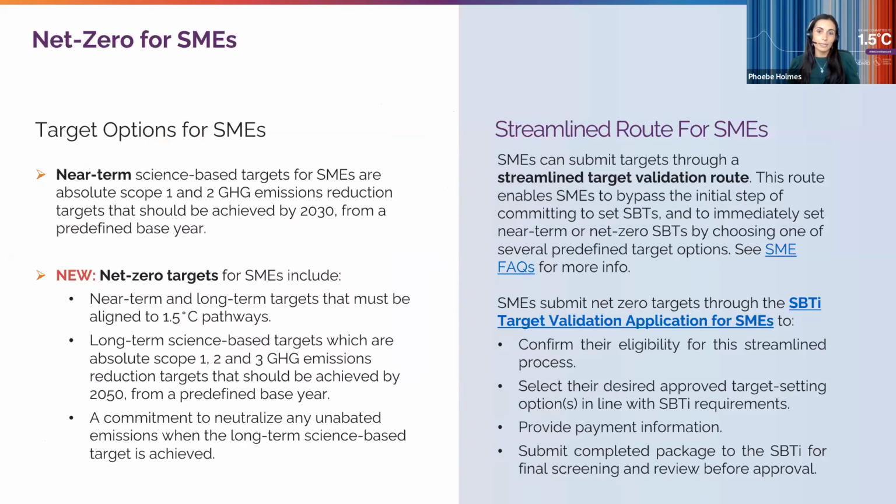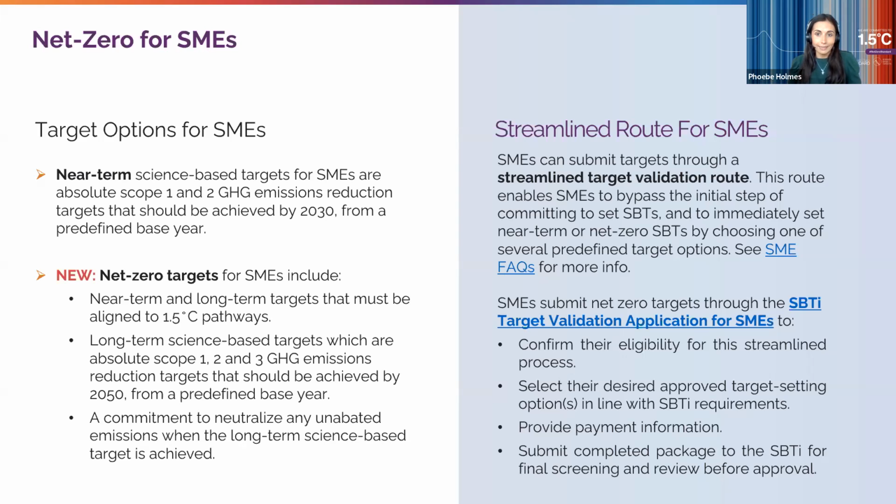So for SMEs, contrastingly to near-term targets, which are only required to cover scopes 1 and 2, net zero targets must also encompass 1.5C aligned long-term targets. And crucially, these long-term targets should encompass emissions reductions across all 3 scopes. And there should also be a commitment to neutralize any residual emissions that companies are unable to abate.